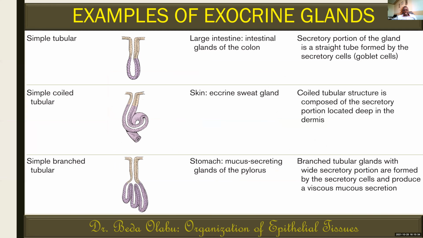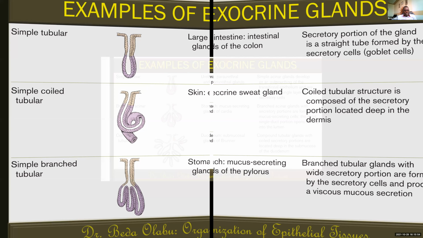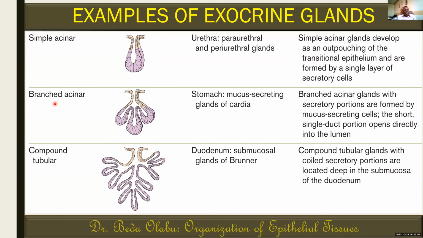So as you study epithelium and glandular epithelium, you'll come across some of them. And when you watch this video or when you get the PowerPoint, you're able to get examples of simple tubular glands, simple branched tubular glands, simple acinar glands, branched acinar, compound tubular, tubuloacinar, and the like.